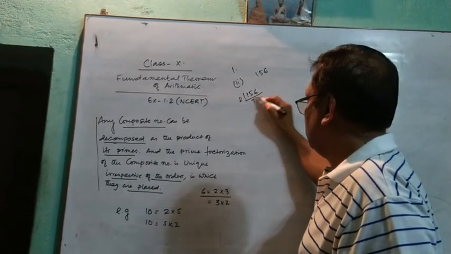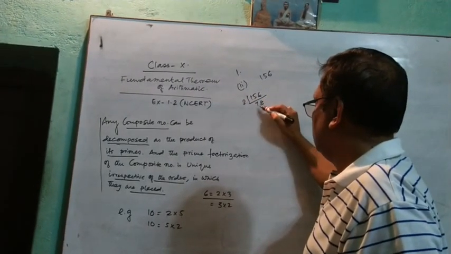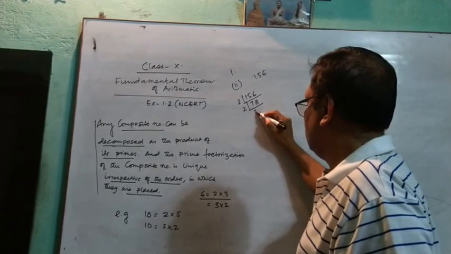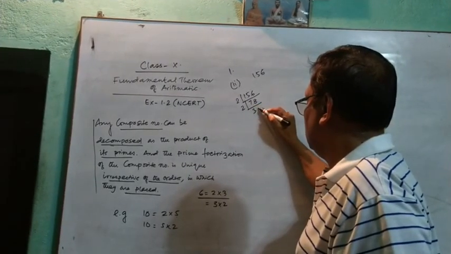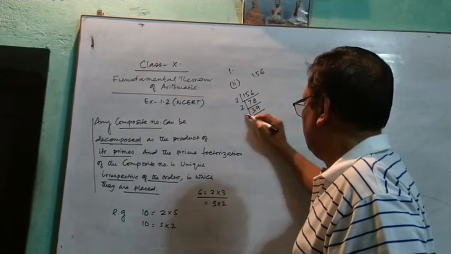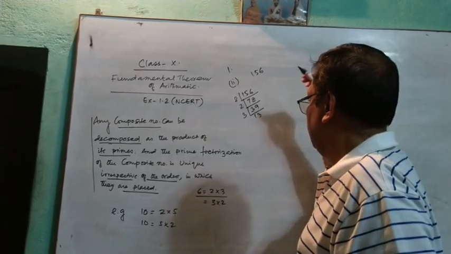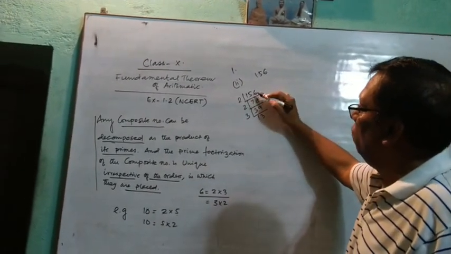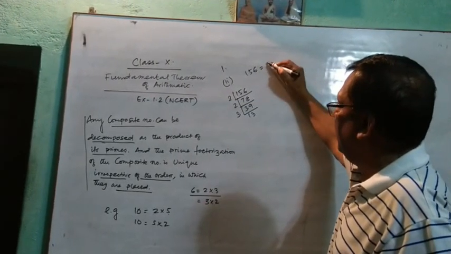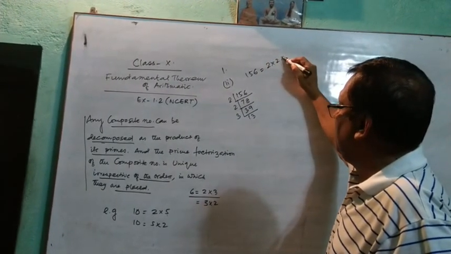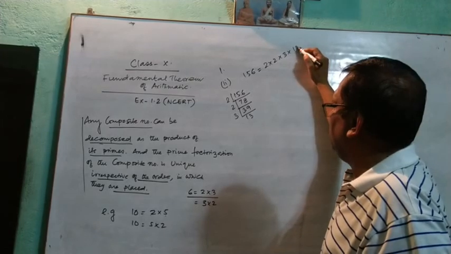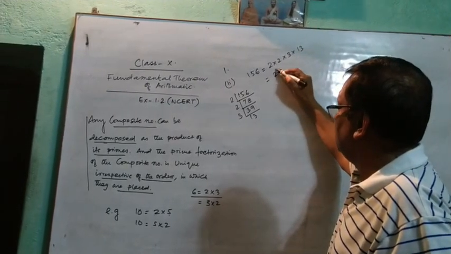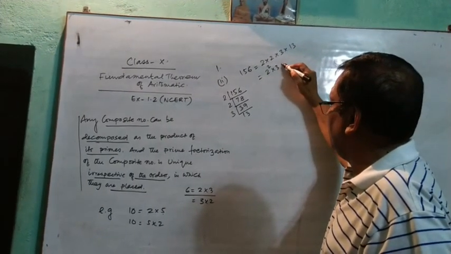So what we are finding, this 156 can be written as 2 into 2 into 3 into 13, or we can write it as 2 square into 3 into 13.